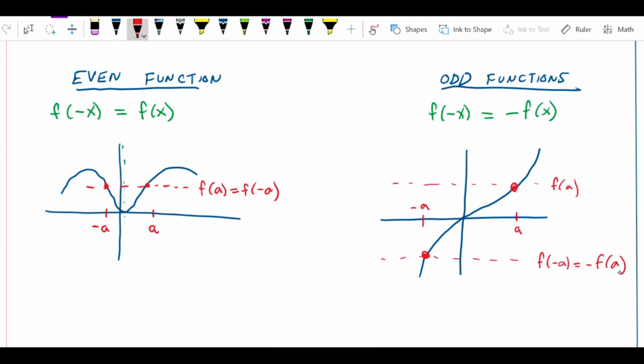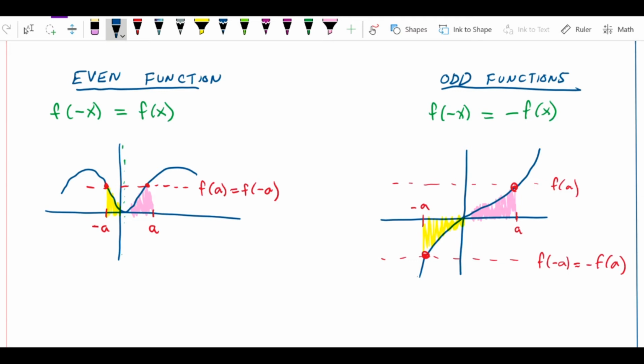Now here's the point. Take a look at what happens if I find the area between this function and the x-axis, in the case of both the even function and the odd function. In both cases, although I haven't really drawn this very well to scale, the point is that the yellow area and the pink area for each function are equal to each other.